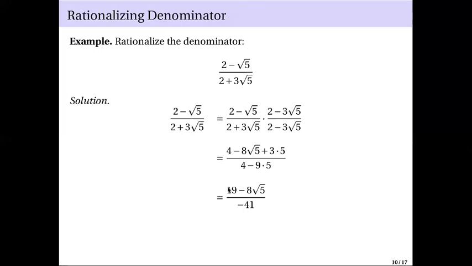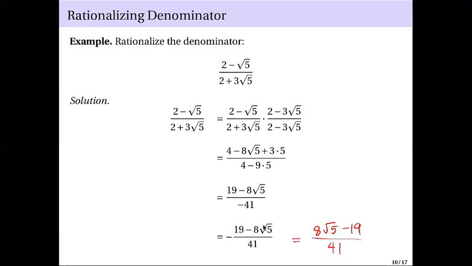So you can write the expression this way. Okay? You can write the expression this way. You put the negative outside of the fraction. And you can even distribute this negative in the numerator. So this is the same as 8 square root of 5 minus 19 over 41, if you don't want to see the negative outside the fraction.